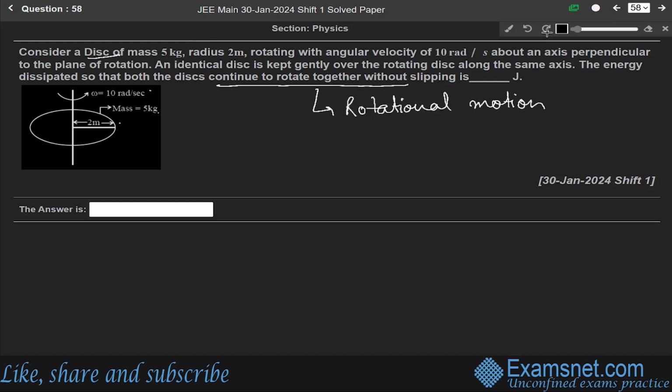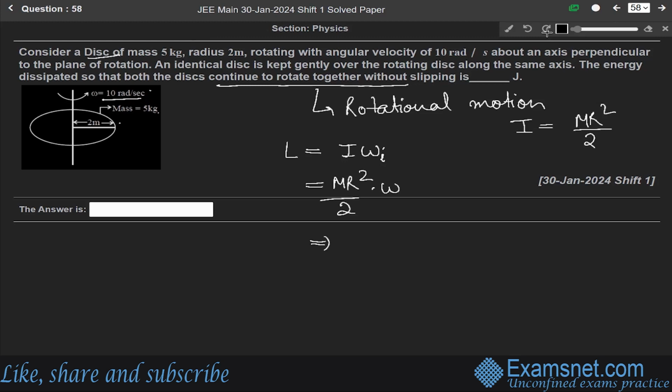Okay. Now its angular momentum L will be equal to I into omega, the initial angular velocity. So what is I? For a disk, the moment of inertia is mr square by 2. So L is mr square by 2 into omega, and omega is given 10 radian per second.